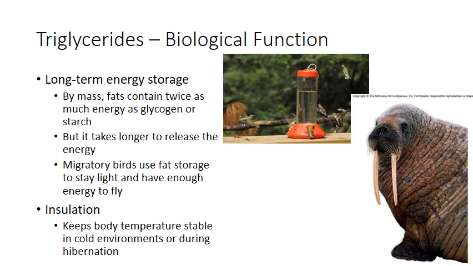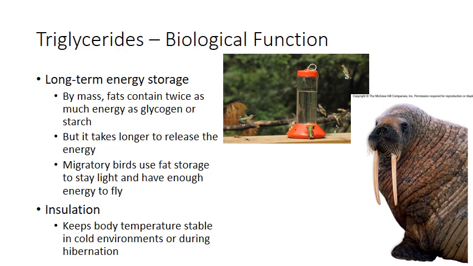All right, so when we talk about long-term energy storage, we see it a lot in small birds, like migratory birds, because they don't have food for long stretches of time. So they need the most efficient energy storage by mass, because they want to stay really light so they can fly, and they need energy for a long time because they have very long flight paths where they can't stop for food.